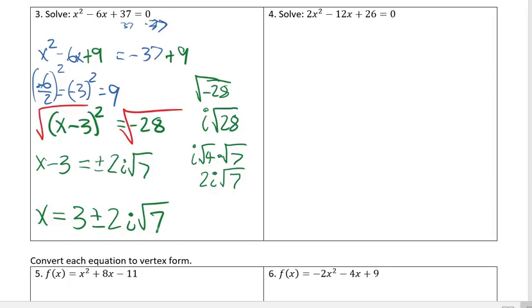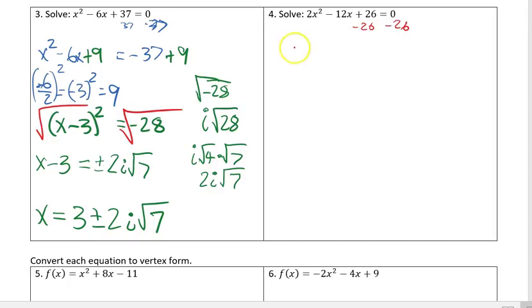Okay, so let's do one more example. It's going to have a complex solution also. And we also have a 2x squared again. But we know we can't complete the square unless this is 1x squared, so I'm going to divide everything by 2 first. And I'm going to subtract 26 from both sides.